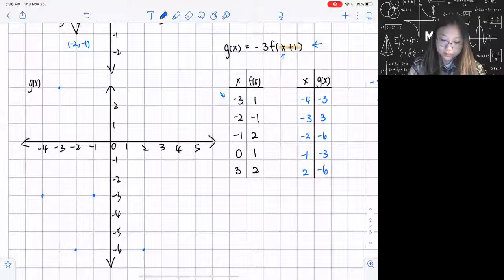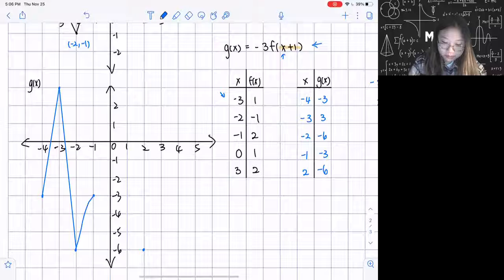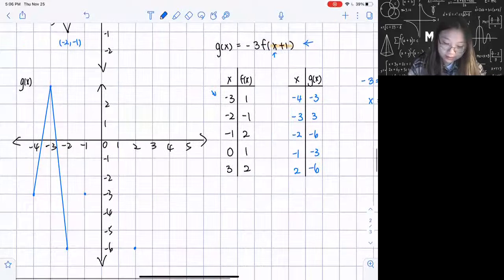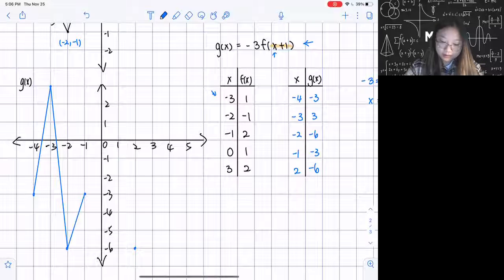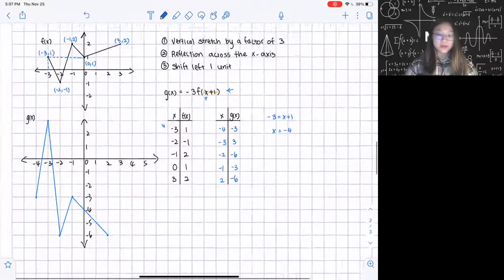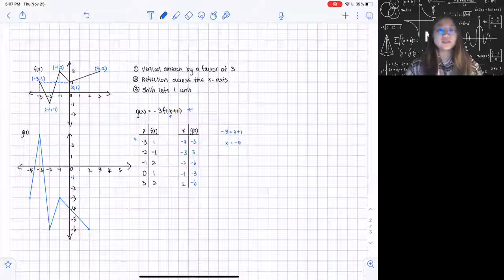So I connect this to that, this to this. Oh, my bad. This to this. That's not good. Okay, let me draw a straight one. Here you go. And then lastly, you connect this to this line. So now I have my final graph after that transformation.